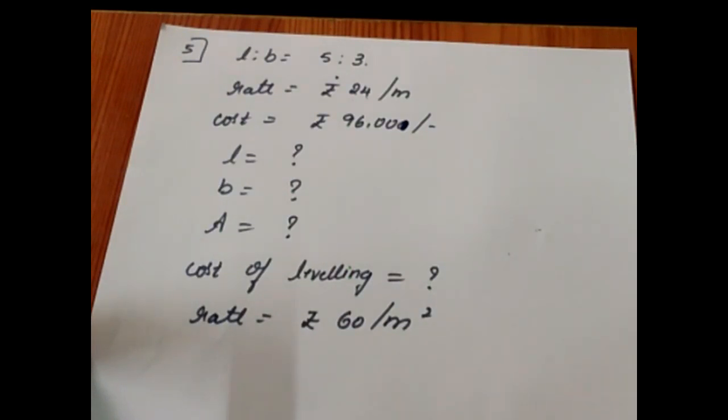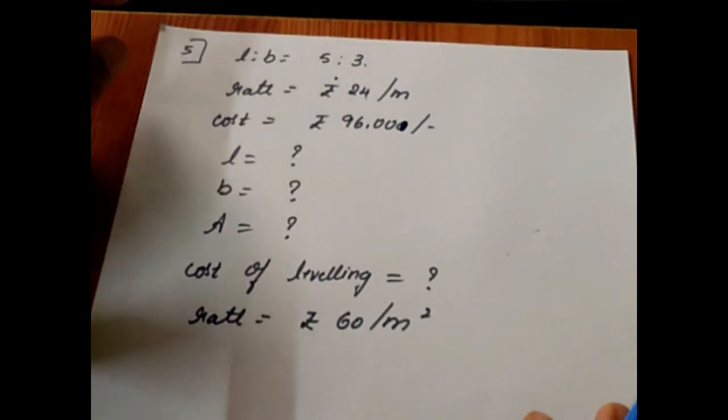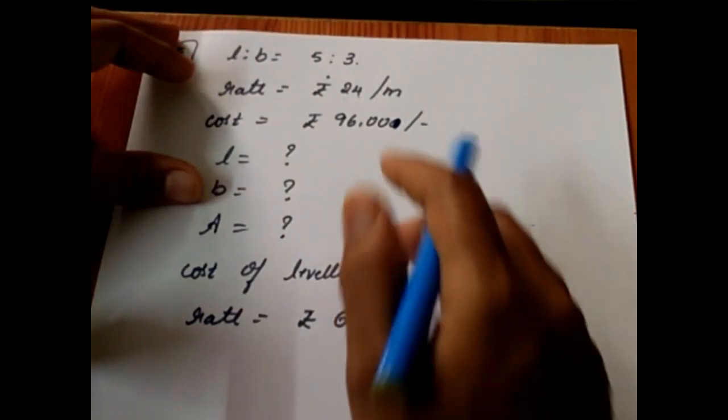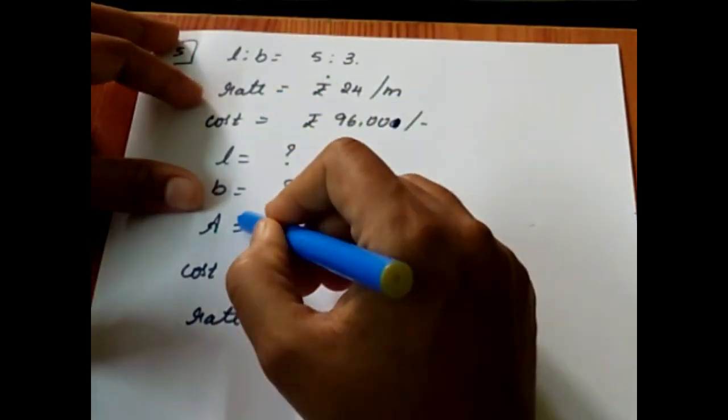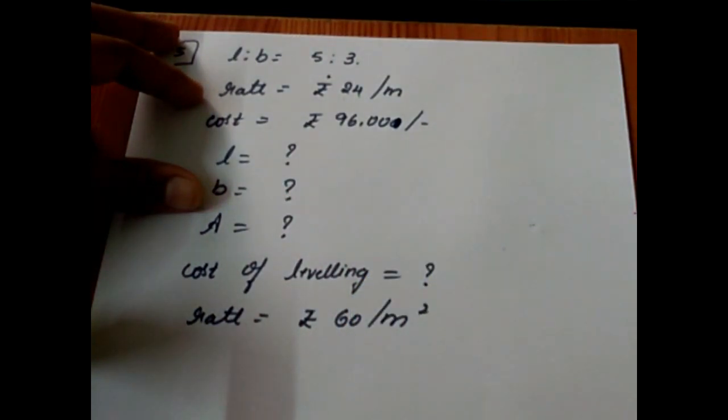See, one point first I want everyone to notice, children. This problem is the combination of cost of fencing and cost of leveling. Cost of fencing, we already know, is with perimeter, and cost of leveling will be with area.